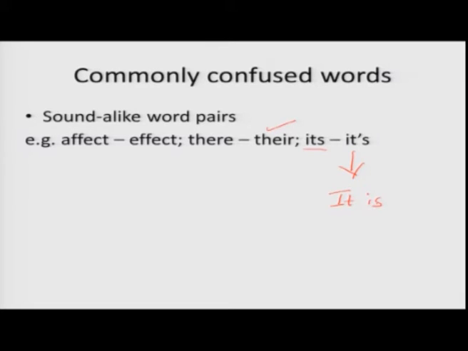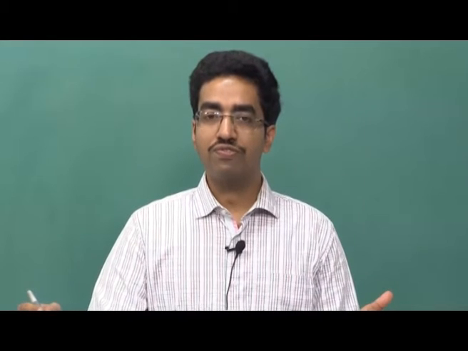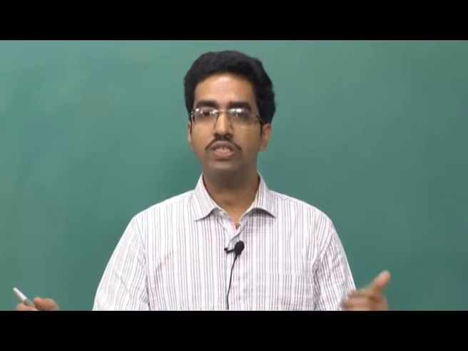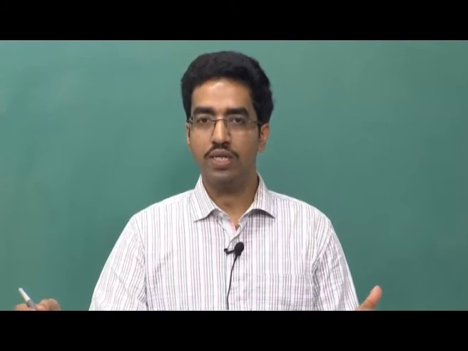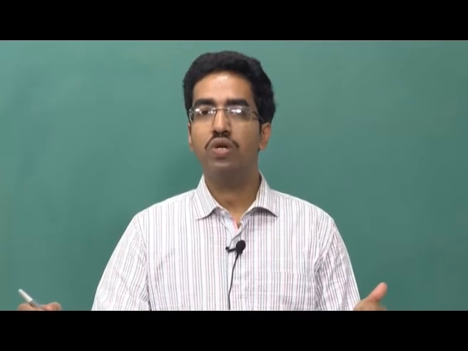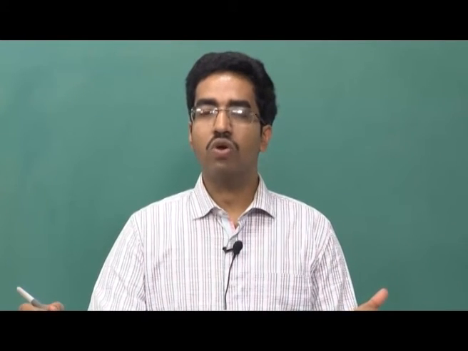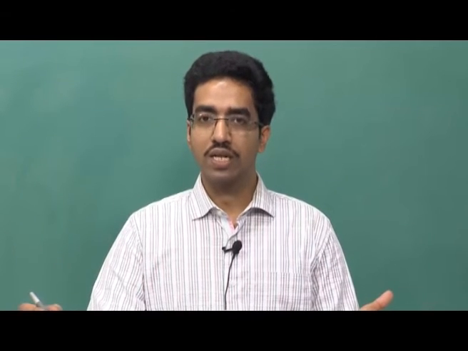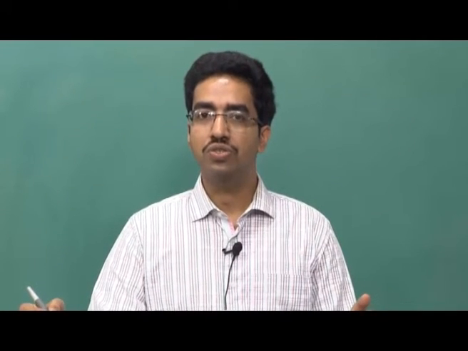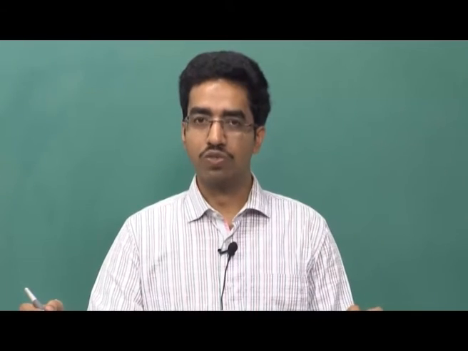You can say: we cannot go out, it's raining, then you will use this form. If you just Google, you will find a long list of such commonly confused words. You need to be very careful, do not get confused. If you are in doubt, consult a dictionary and choose the right word.